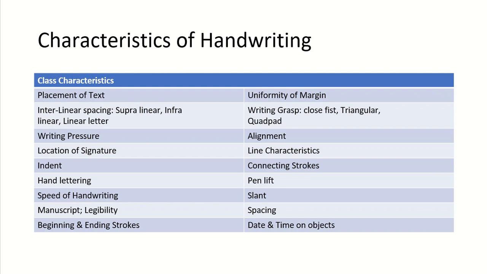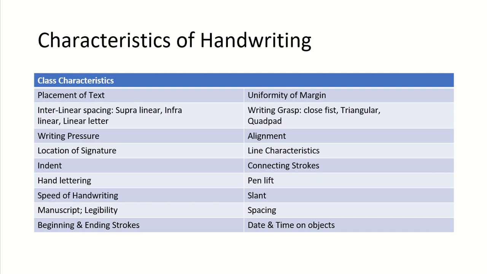Writing pressure, location of signature, indent, hand lettering, speed of handwriting, manuscript or legibility, beginning and ending strokes, uniformity of margin, writing grasp, how you hold your writing instrument, for example pen. So it may be closed fist, triangular, quadruped, alignment, line characteristics, connecting strokes, pen lift, slant, spacing, date and time on objects.